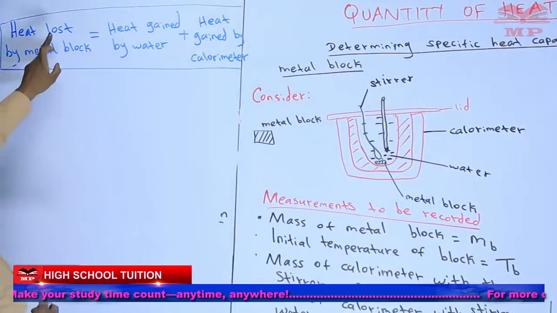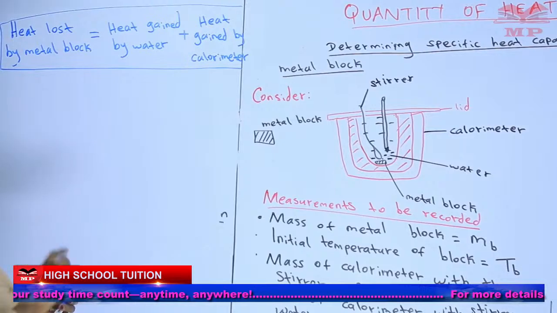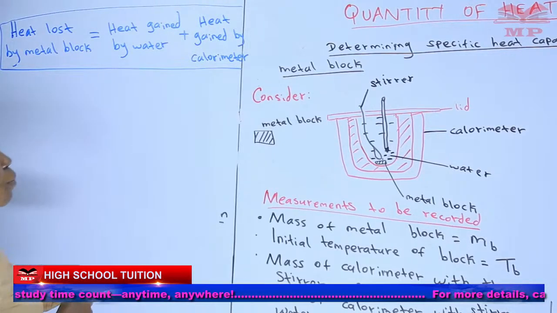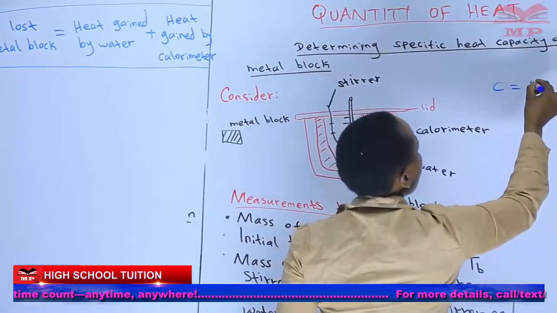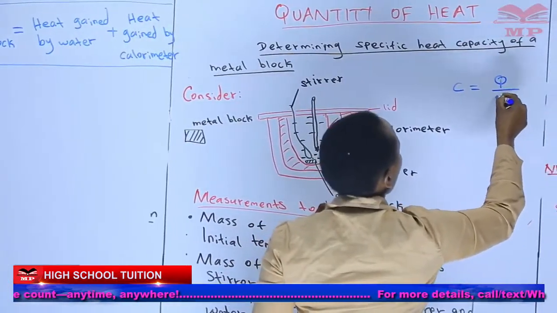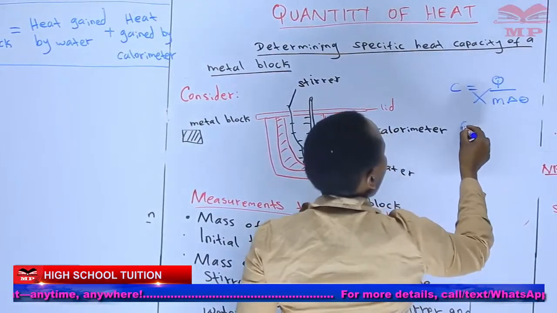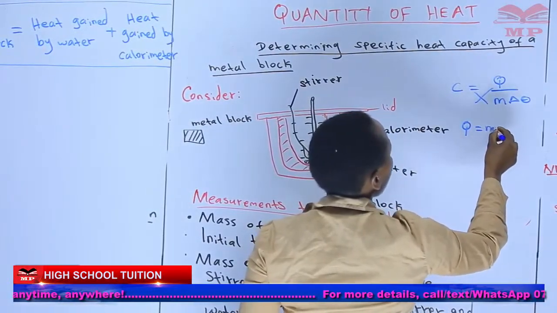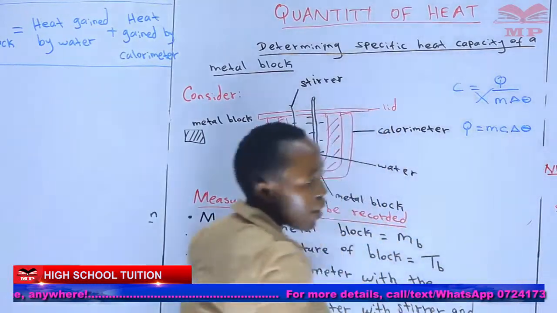And therefore, heat lost by the metal block. Remember the formula for calculating the amount of heat from the specific heat capacity. Specific heat capacity is quantity of heat over mass multiplied by change in temperature. Therefore, quantity of heat is mass times specific heat capacity times change in temperature.